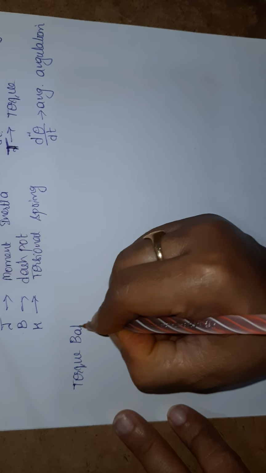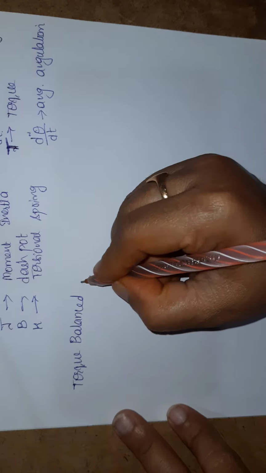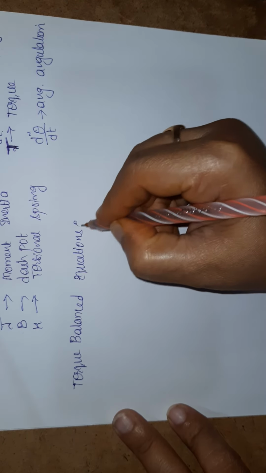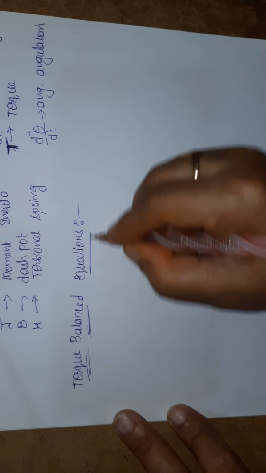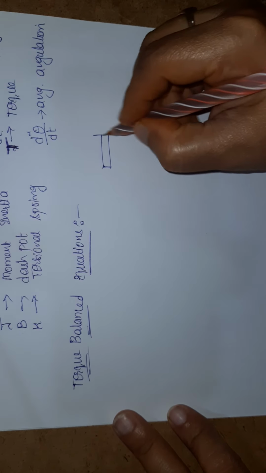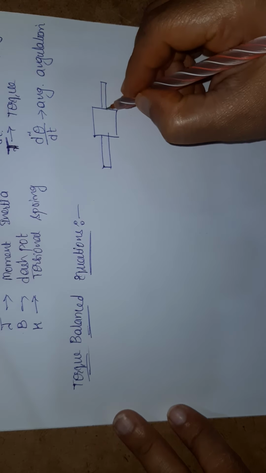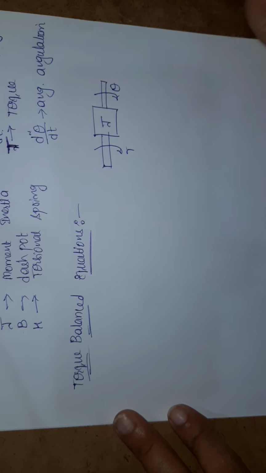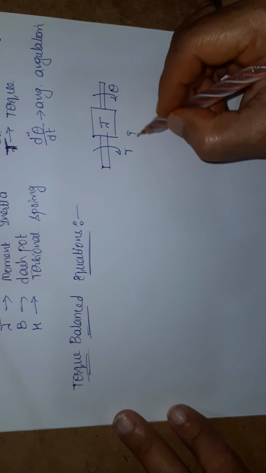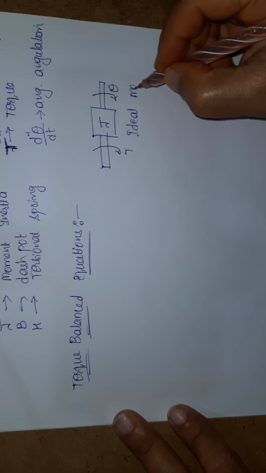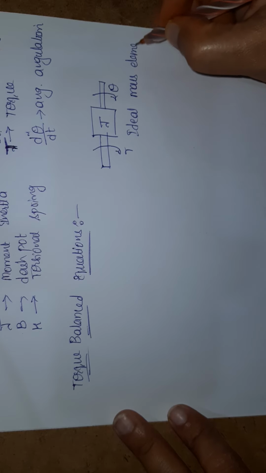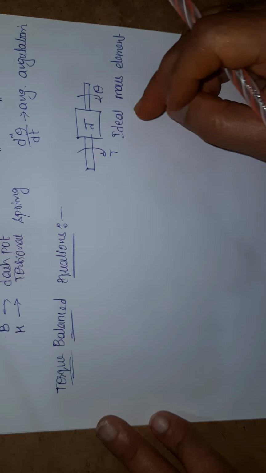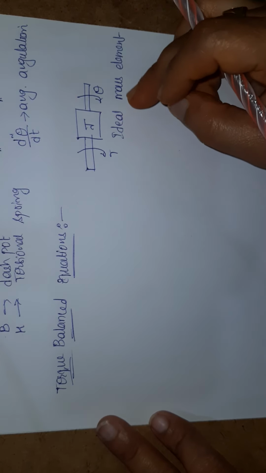In the last session we discussed force balance equations, because in translational systems force is the input. Here torque is the input. So whatever we discussed in the last session, the same will repeat, but with these symbols. I have considered an ideal mass element. What are B and K?